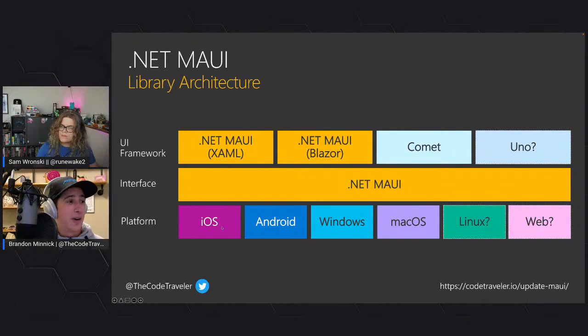care about what platform we are running our code on or compiling our code for, because all the UI framework has to do is implement an interface for everything. So we have interfaces like IButton, ILabel, and as long as the UI framework can implement that interface, .NET MAUI can take it from there.